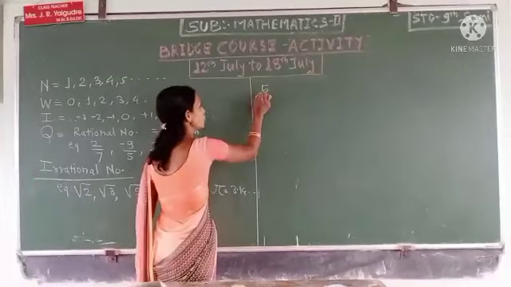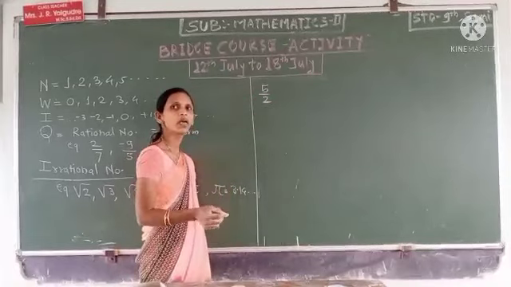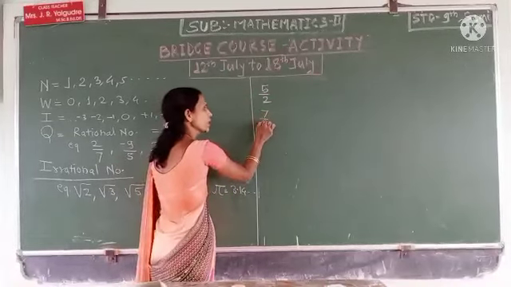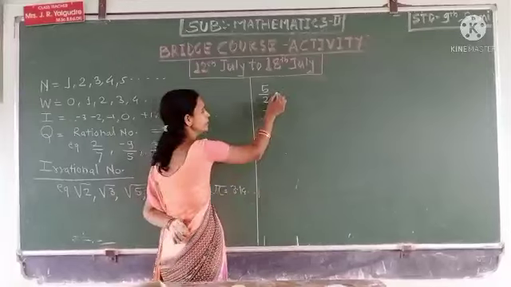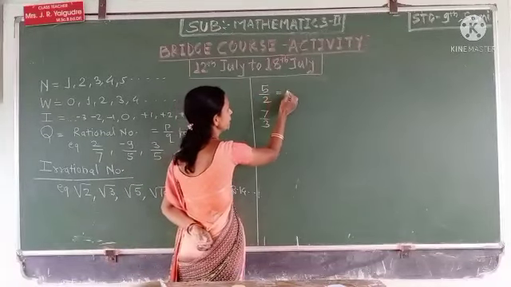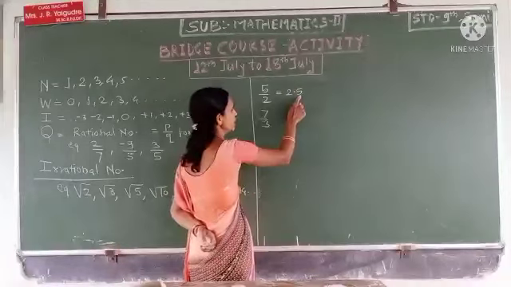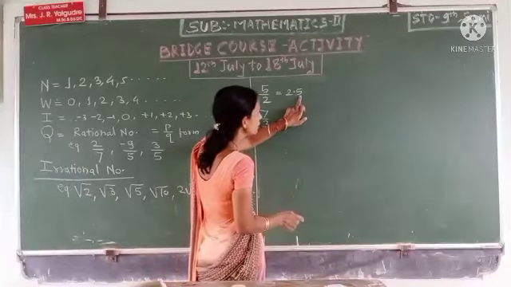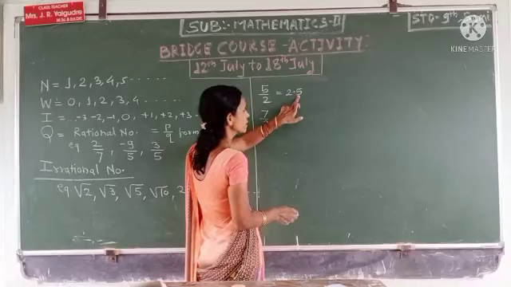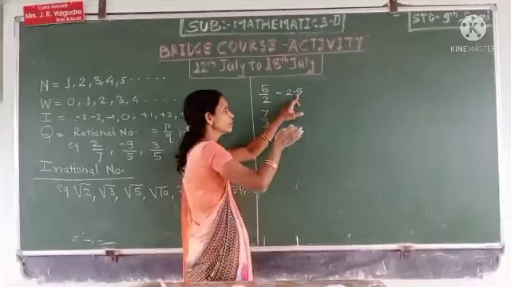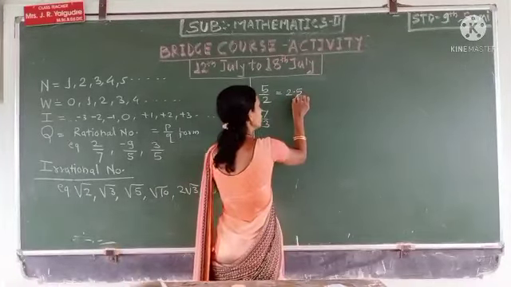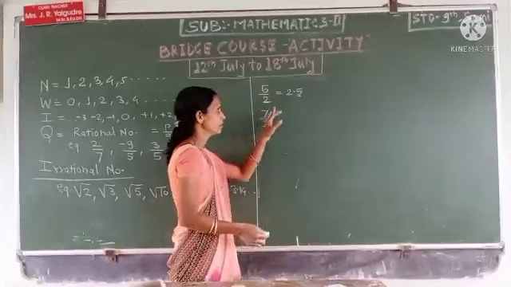Then 5 upon 2 is a rational number. 7 upon 3 is a rational number. These rational numbers we can write in decimal form, that is 2.5. See here, this is a terminating decimal number.